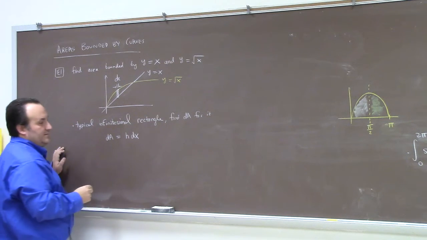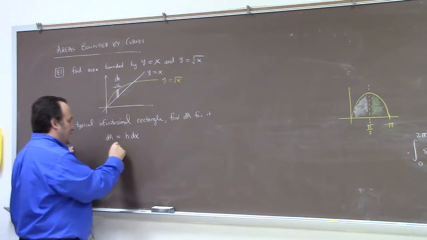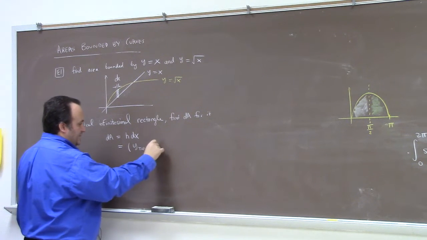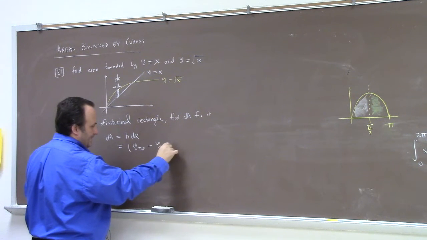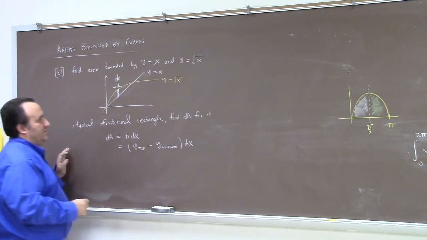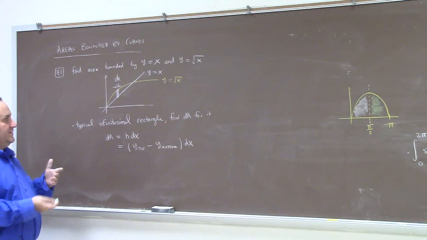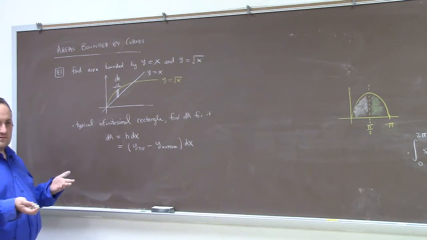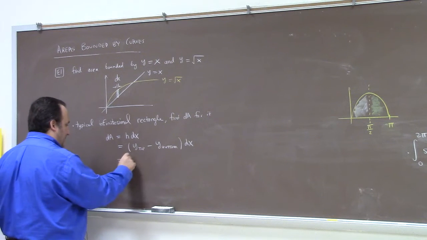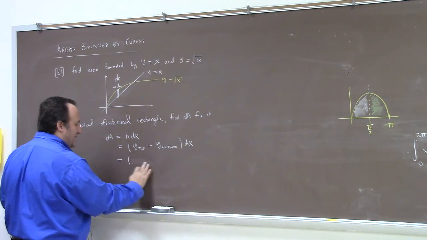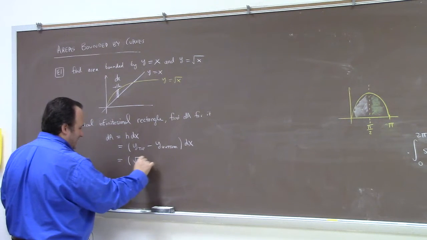Now what's the height? The height, generically speaking, for this kind of rectangle is going to be the top y minus the bottom y. Which is the top, which is the bottom? The top here is the square root of x. The bottom is x. So I've got the square root of x minus x.